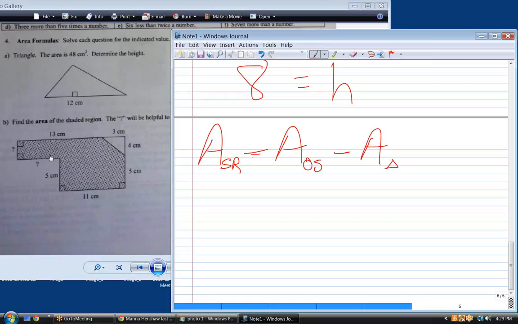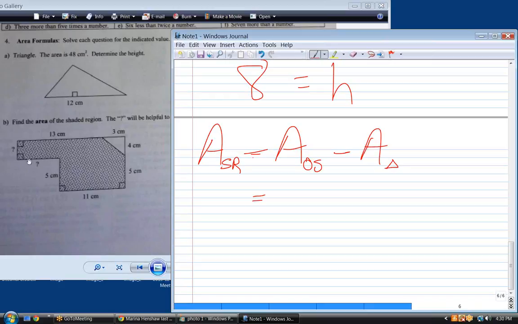Okay? You get that? Yeah. Okay. So first of all, let's figure out the area of the whole outside thing. And as they suggest, we need to figure out what these question marks are here. So how far is this distance here? Which one? This lower question mark, can you see my cursor right there?